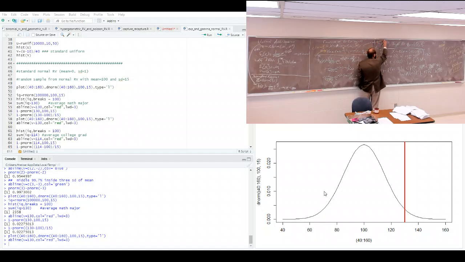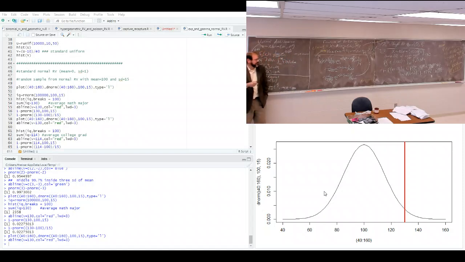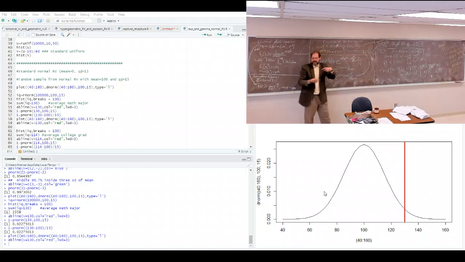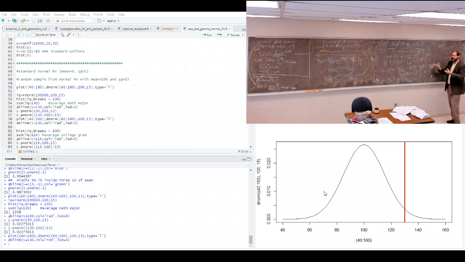If you've had some statistics courses at some point, the z-score is when you take your value, especially with normal random variables, and you subtract off the mean and you divide by the standard deviation. Because that z-score relates everything back to the standard normal random variable. So we can figure out probabilities by finding the areas on this one particular curve, and so we only need one table to do that.